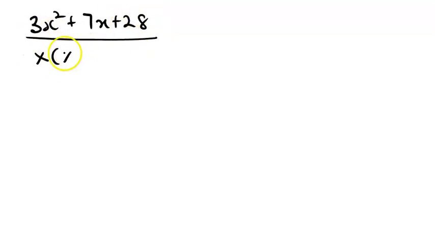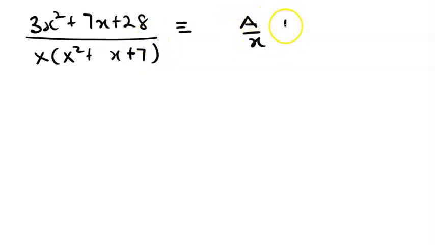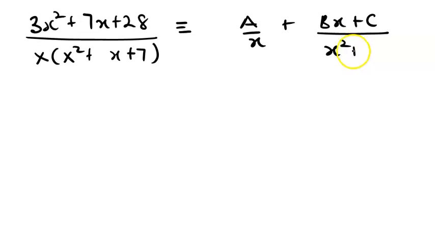So we said that (3x² + 7x + 28)/(x(x² + x + 7)) is equal to A over x plus (Bx + C)/(x² + x + 7).